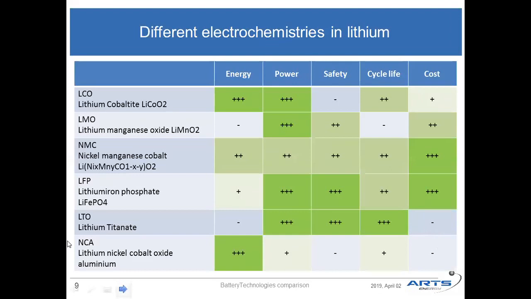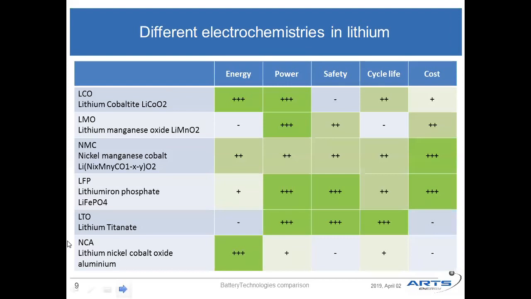We have lithium cobalt, lithium manganese cobalt, lithium nickel aluminum. So there is a large range of technologies. All of them are not equivalent, and some of them are more focused on power, some more focused on energy, or some on safety or cycle life.